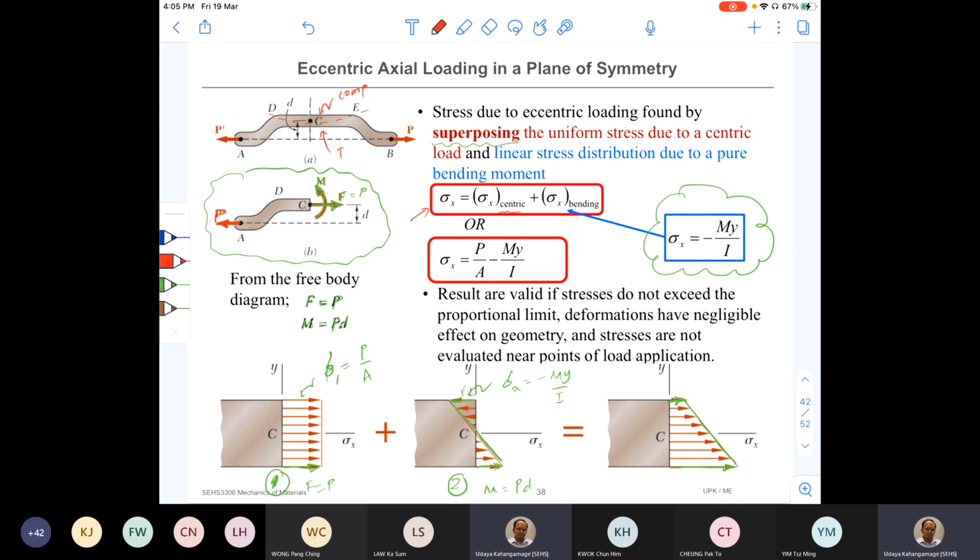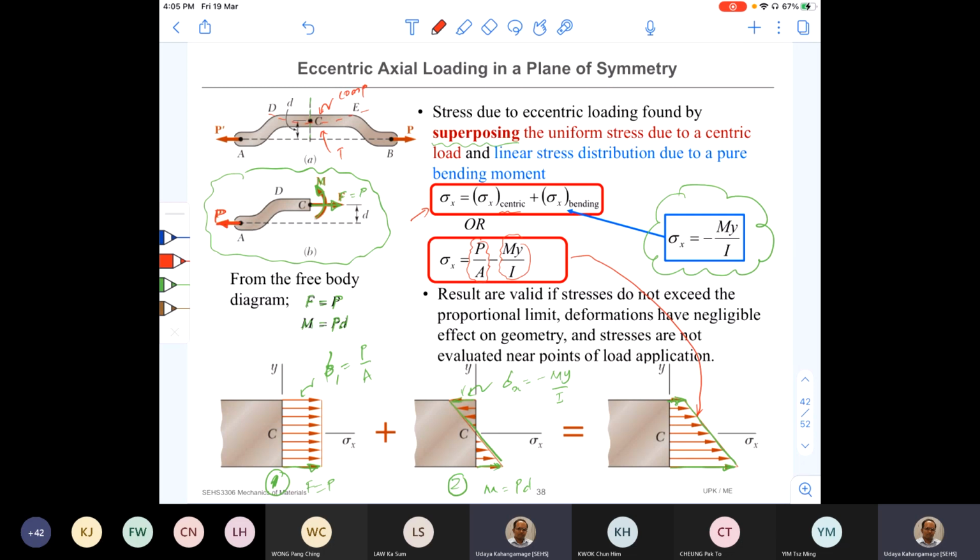That means it is the stress applied at the centroid, or the geometric center of the section. Right, so sigma centric is written as P over A, the normal stress, and this is the bending stress. Okay, so once you add them together, we can get the equation of the resultant stress distribution. So this is the equation of this line.